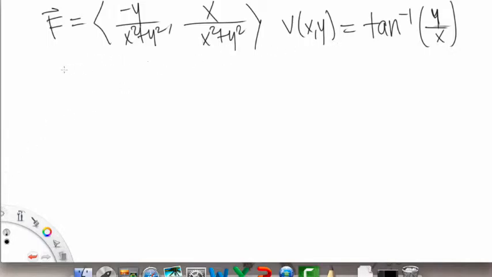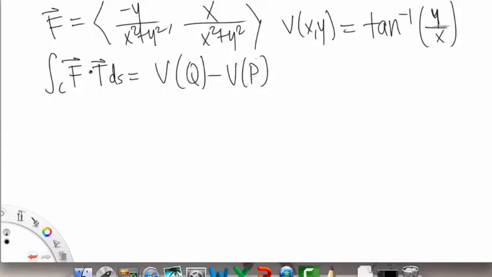So what this means is that the inverse tangent of something over something, or of anything really, gives you an angle. So the line integral, when you do v of q minus v of p, is giving you the final angle minus the initial angle that you were at.